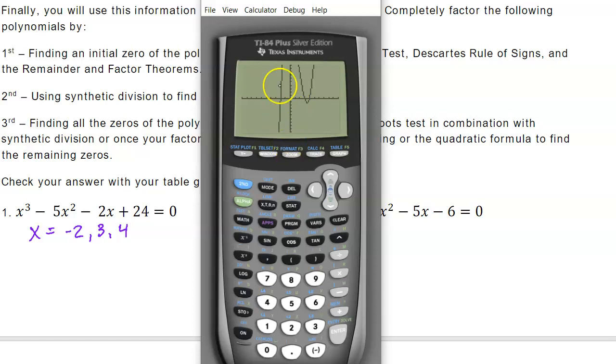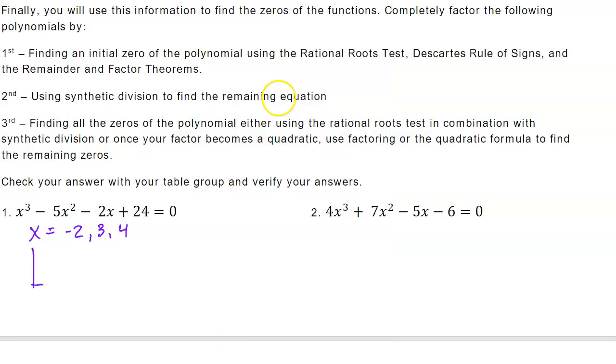So if we're seeing that on our graph, we have seen, okay, it goes through one spot, and then we saw it doesn't touch the x-axis, but it comes down and forms that shape. This is what you would do. You would take the root it gave you, so in this case, -2, and you would divide. So I'm going to simplify. I'm going to divide that -2 out. So I'm going to put here, not necessary in this specific problem.